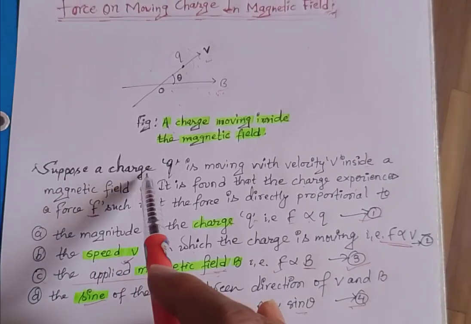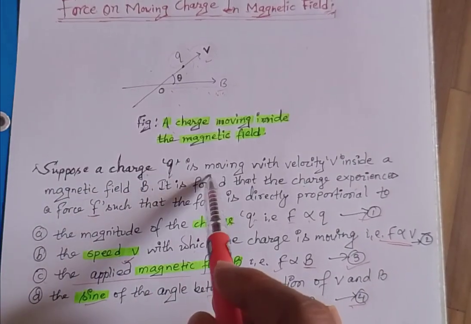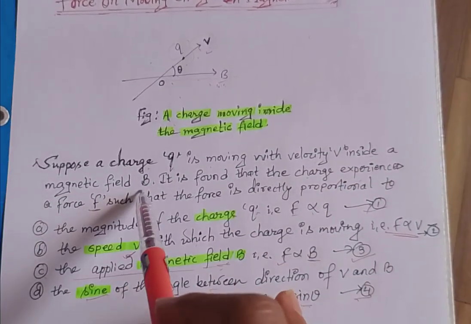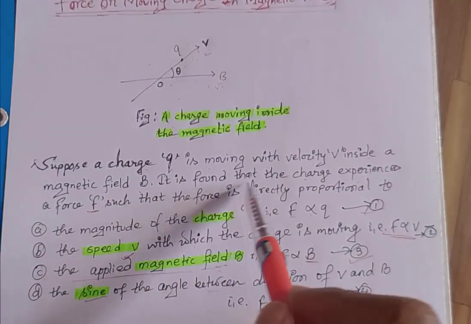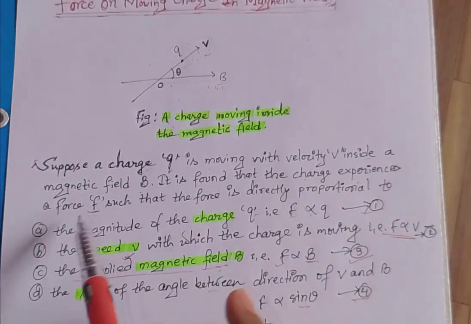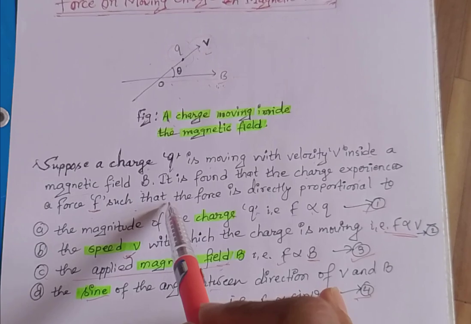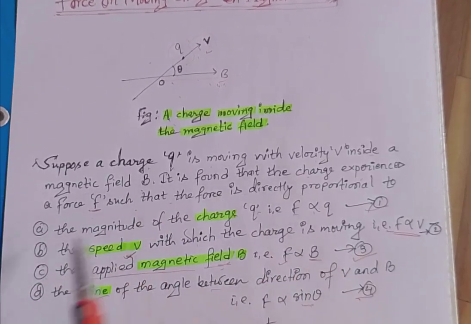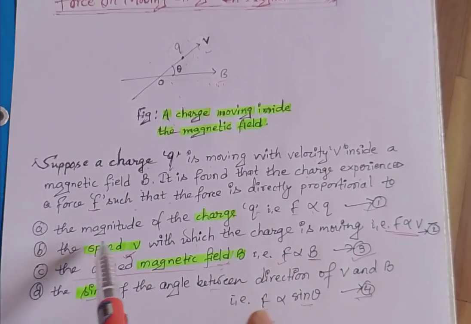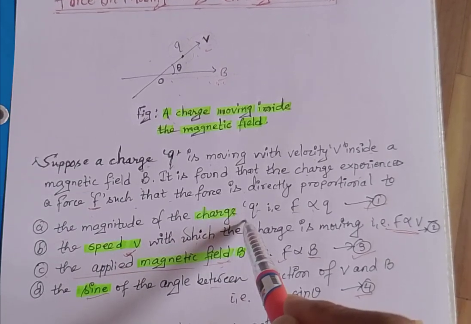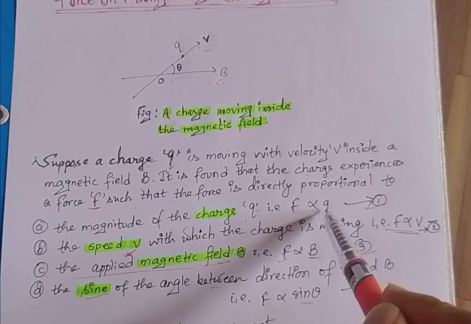Suppose a charge q is moving with velocity v inside a magnetic field B. It is found that the charge experiences a force F such that the force is directly proportional to, first, the magnitude of the charge q. Symbolically, F is directly proportional to q.